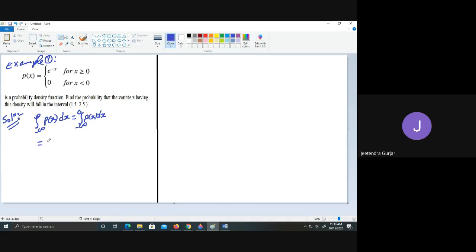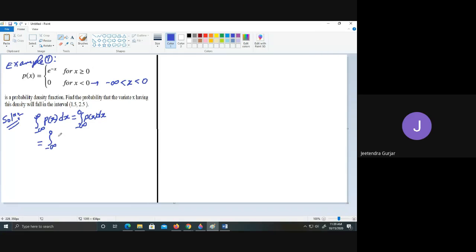Then I can write it like this: the integration from minus infinity to 0. If it is minus infinity to 0, it means x is less than 0, so this is our interval for x less than 0. Remember this.